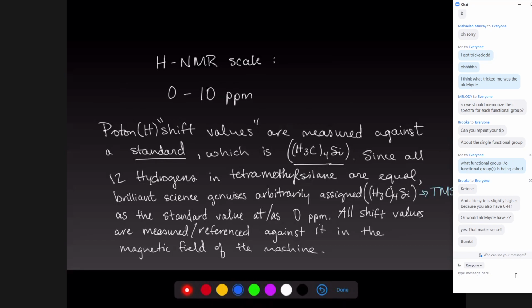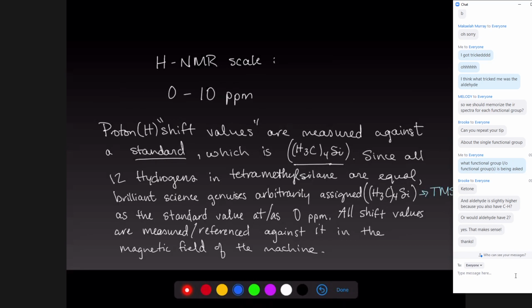So HNMR scales from 0 to 10 parts per million. The proton has shift values, which are measured against a standard, which is tetramethylsilane. This is basically background on how they came up with that standard number.